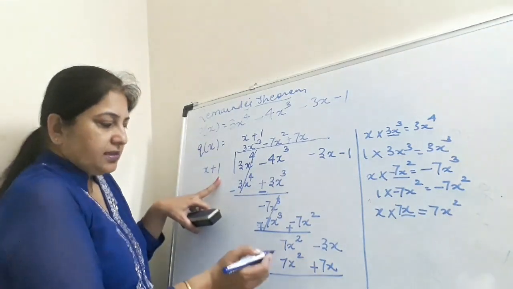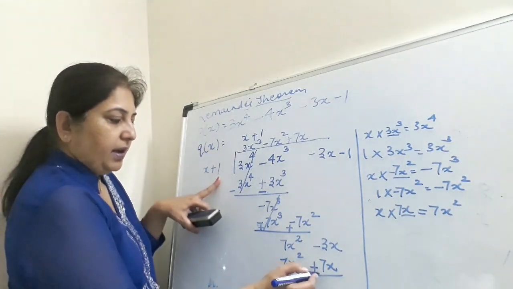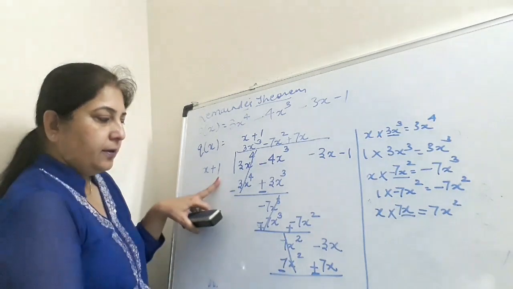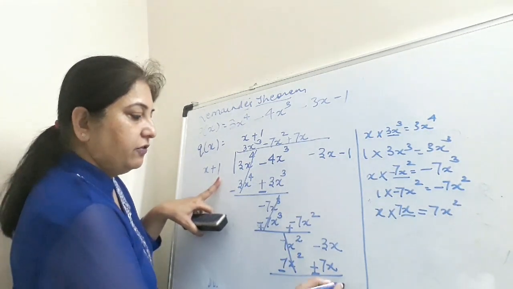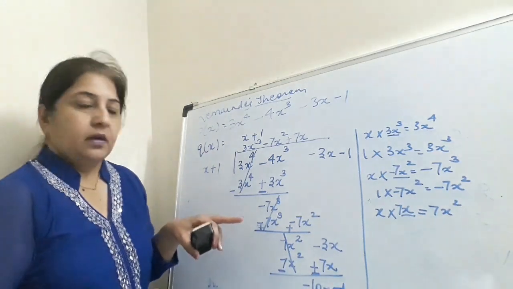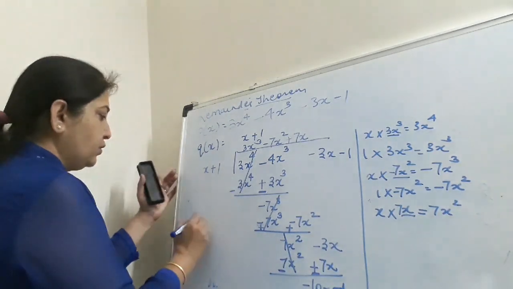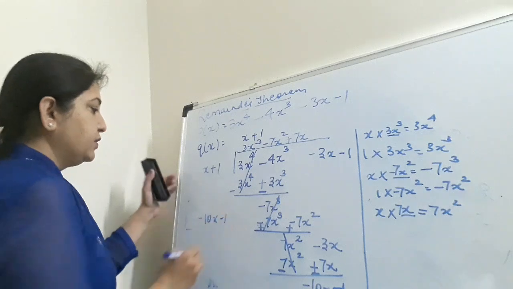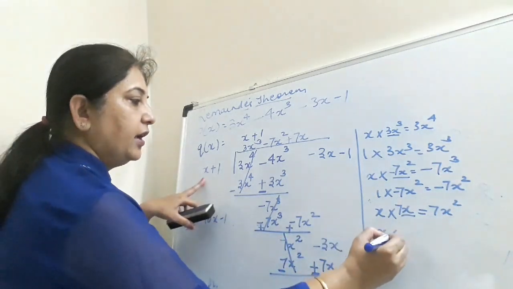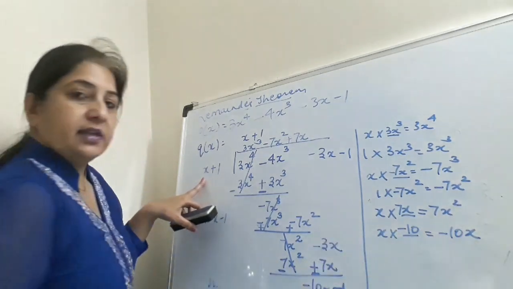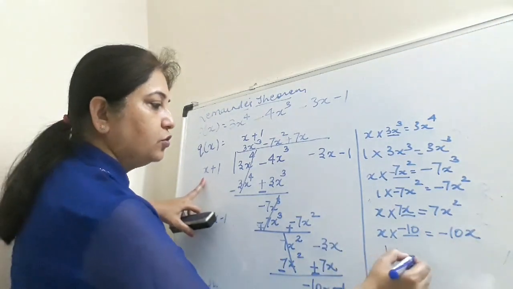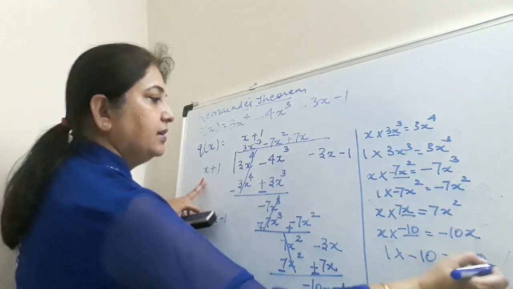So I will again subtract, minus and minus, this will cancel. Minus 10x minus 1, okay? So I will write here minus 10x minus 1. Now x into dash will give you minus 10x, that is minus 10, and 1 into minus 10 will give me minus 10.